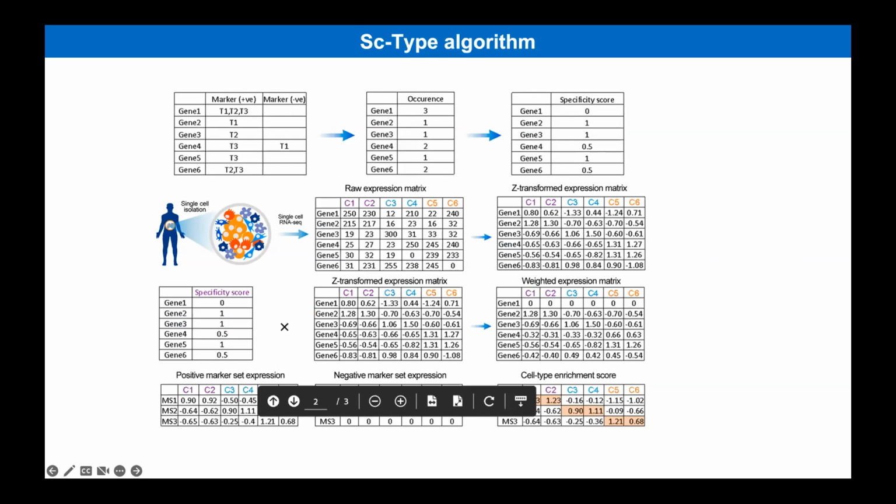But theoretically, if there is more than one marker for a marker set, then their numbers should be summed and averaged. But if gene 2 is the only marker for a particular cell type, let's say cell type 2, then its value won't change, it will remain the same.